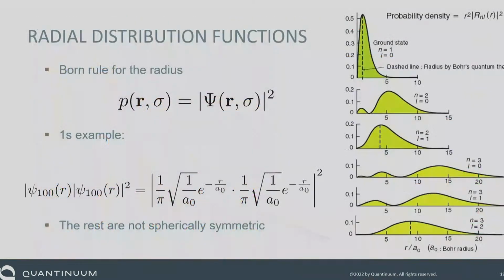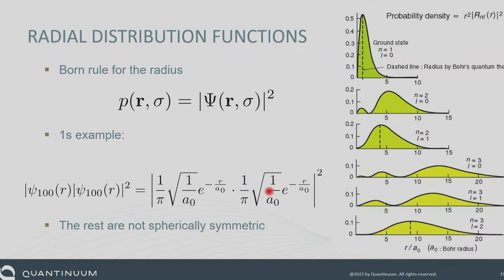So you can do some analysis on these with things called radial distribution functions. What the radial distribution function is essentially uses Born's rule: you take the density of your wave function solutions, which is essentially squaring them.